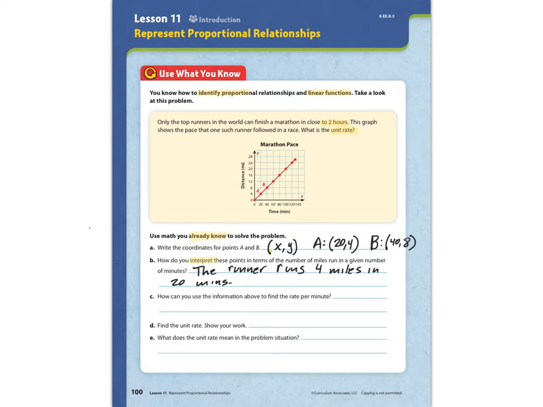Part C, how can you use the information above to find the rate per minute? So to do that, we are going to divide the number of miles by the number of minutes. Remember, rise over run. So divide the number of miles per minutes.